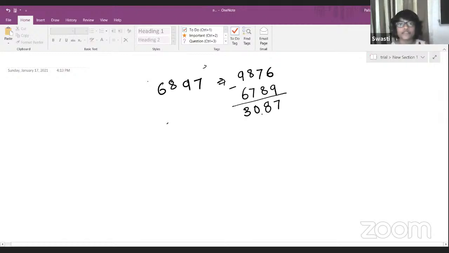Now we do this process again to 3087. Before, in the previous method, we reversed the number, but here we are arranging its digits in ascending and descending order. So 8730 minus 0378 is, what is it?